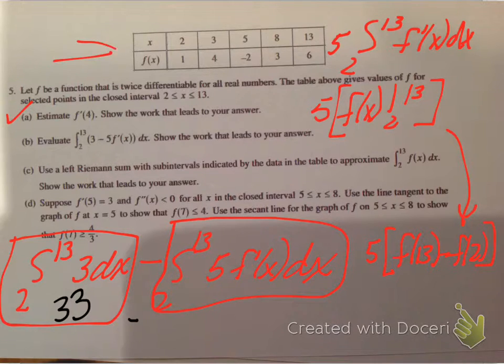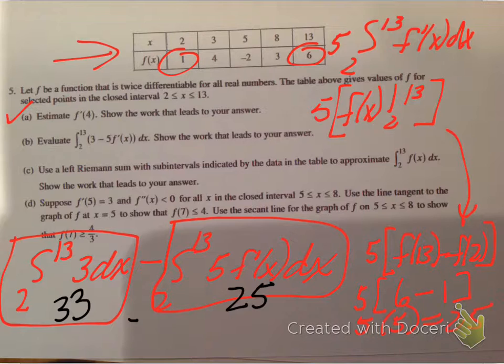And what do you know? That's what this chart is from. So f of 13 is 6 minus f of 2 is 1. And I get 5 times 5, which is 25. So this piece over here was 25.